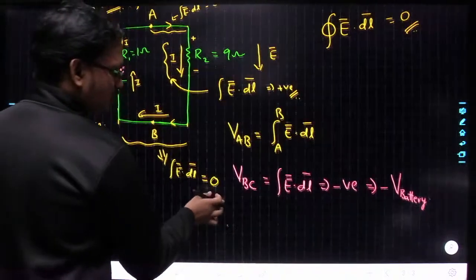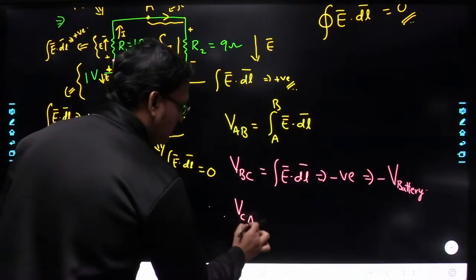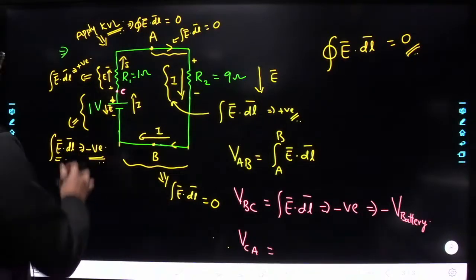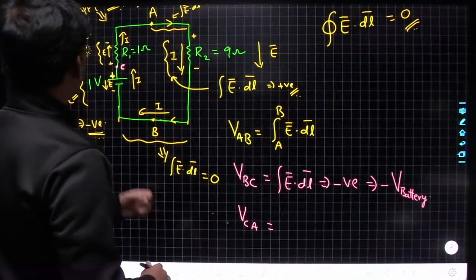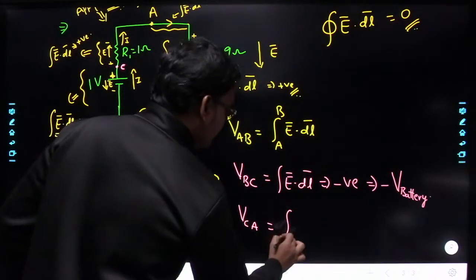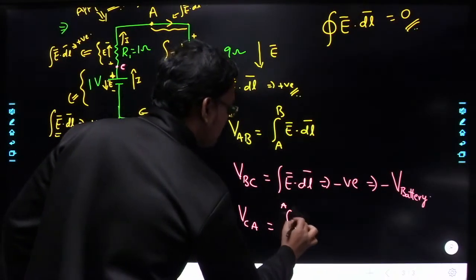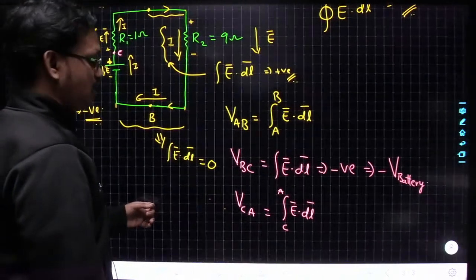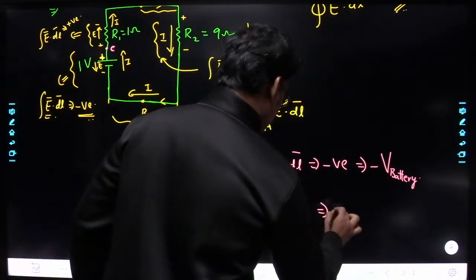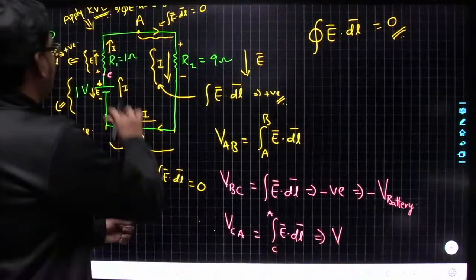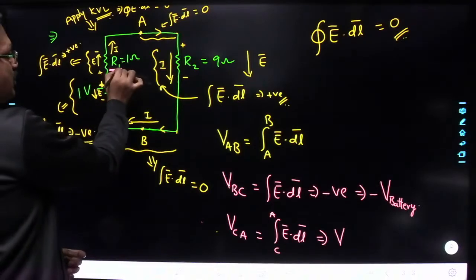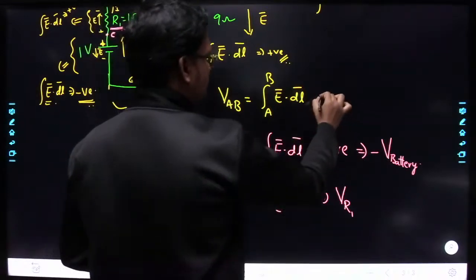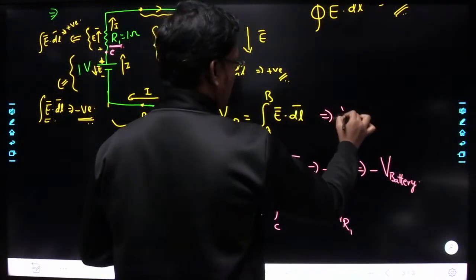From C to A, you are going to get integral C to A E bar dot dl bar. This potential I am naming from here to here, where you have the potential drop across R1, so I am naming this as VR1, and this one as VR2.